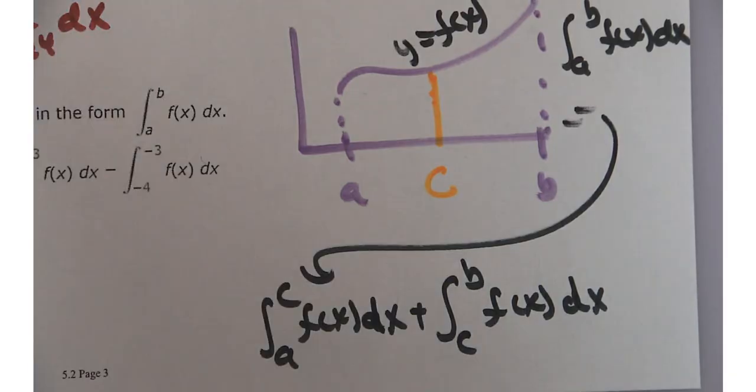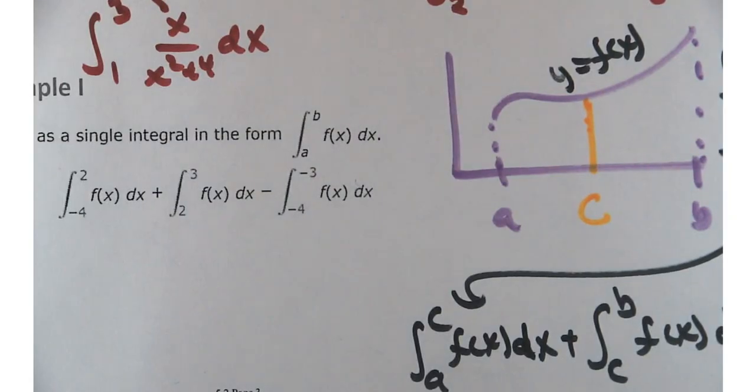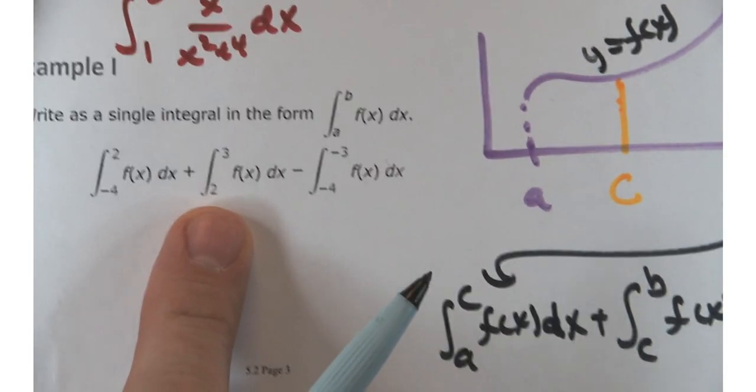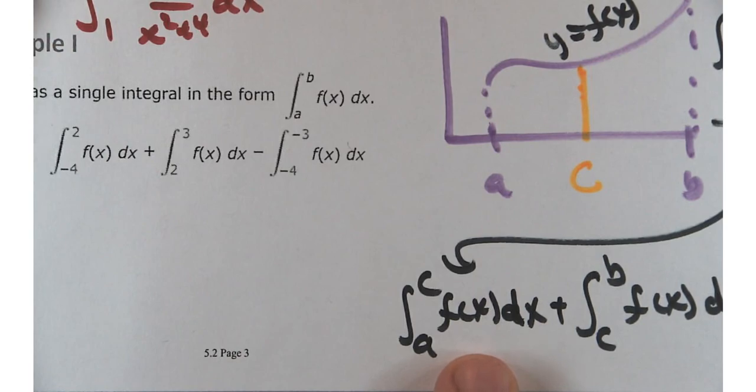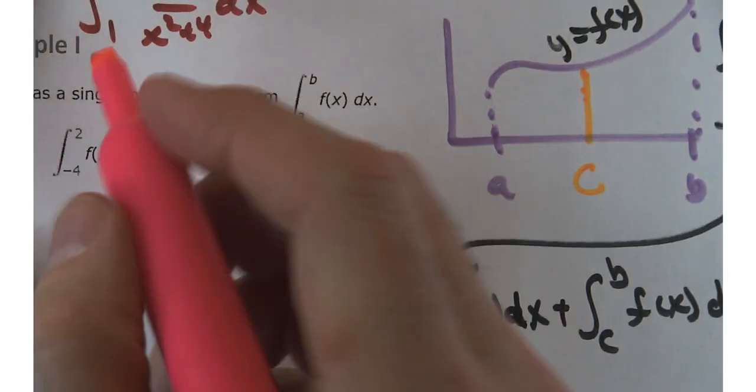Looking good there. Let me look at this last one here. All right, so let's put these two together, using this idea right here. What I want you to notice about this one is that these two limits are the same, right?